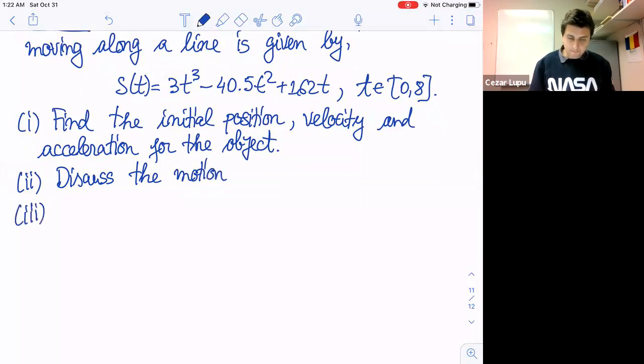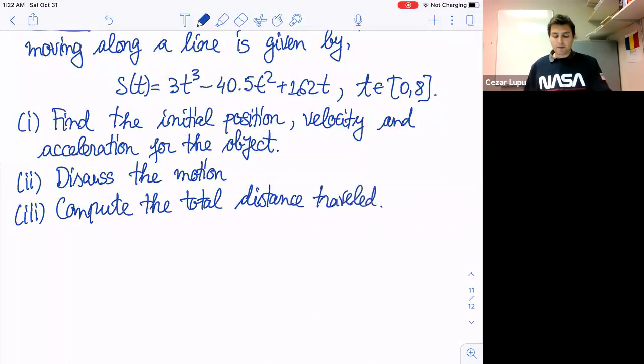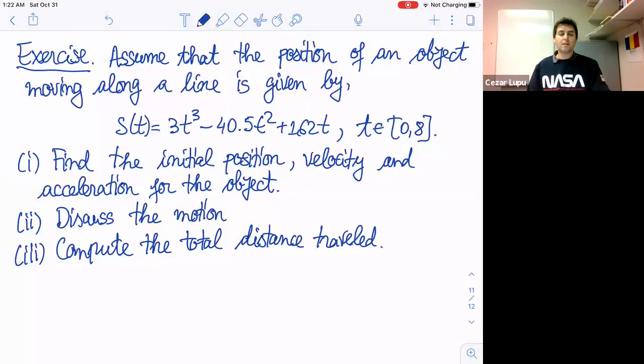And then the third thing, compute the total distance traveled. All right, so this is the problem. This is a very nice problem. In fact, this could be a very interesting midterm exam problem.